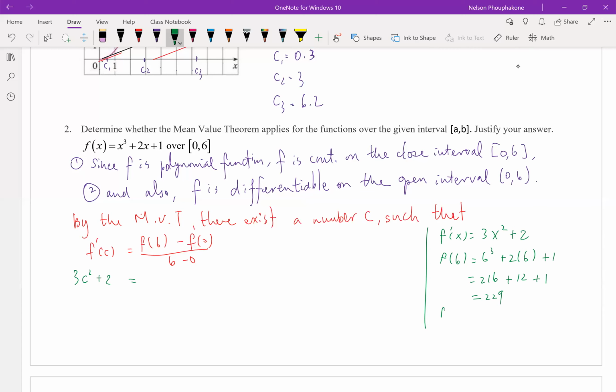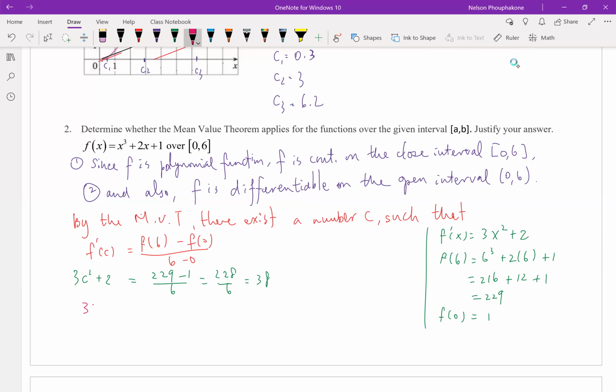And f of 0 is actually 1, so I will have 229 minus 1 over 6. Then of course this is 228 over 6, which is 38.